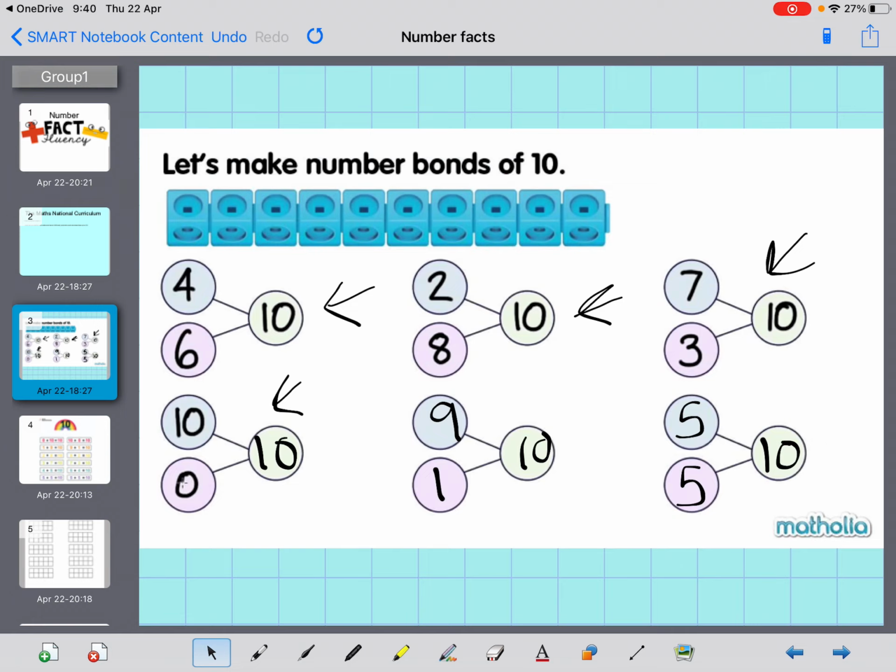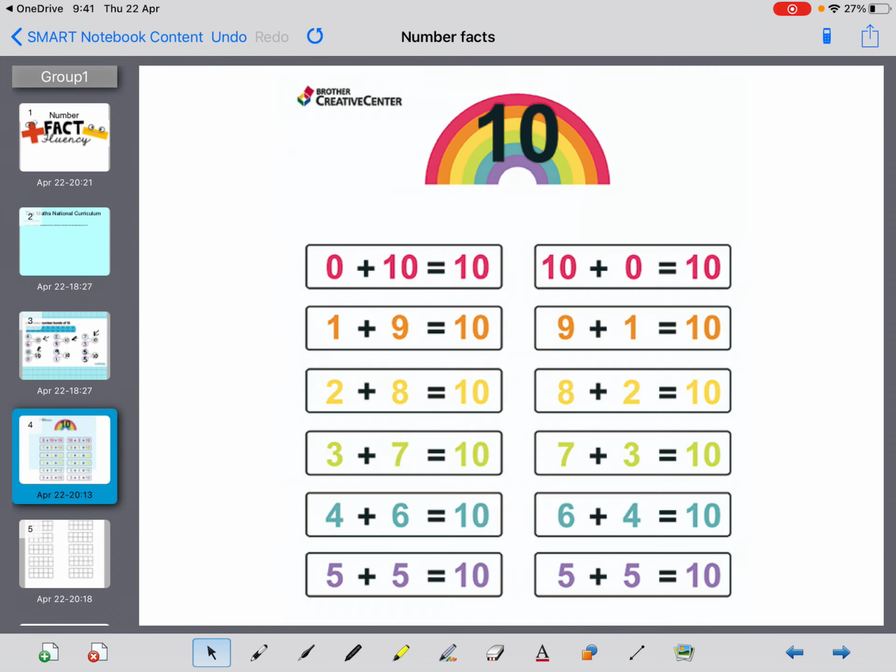Here you can see children from Year 1 would start working, and some in Reception would start working, on number bonds to 10. These are the pairs of numbers that always go together to make the number 10.